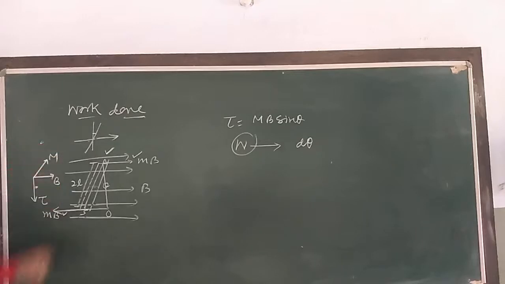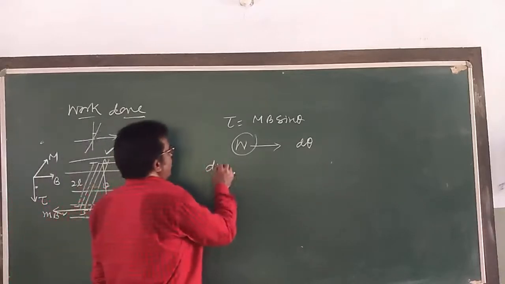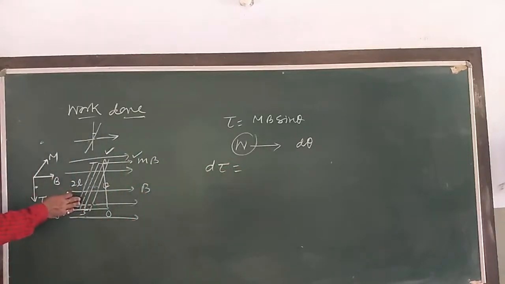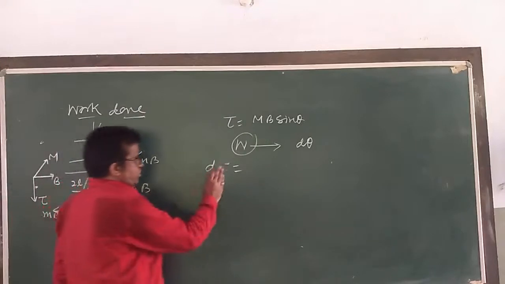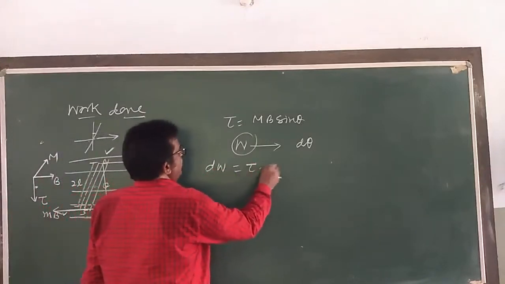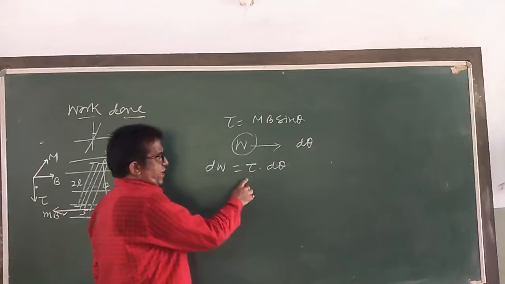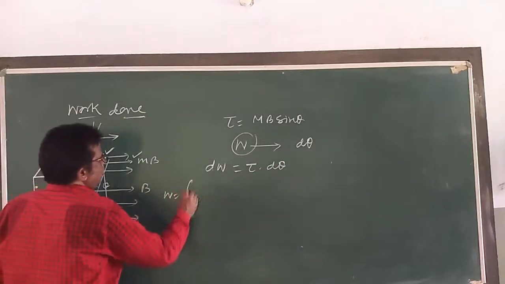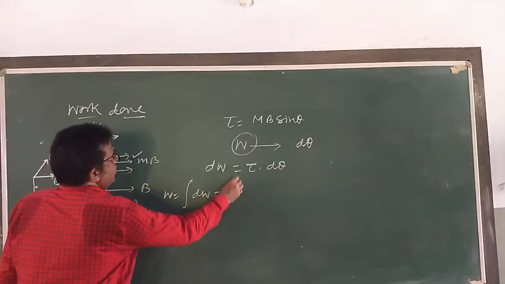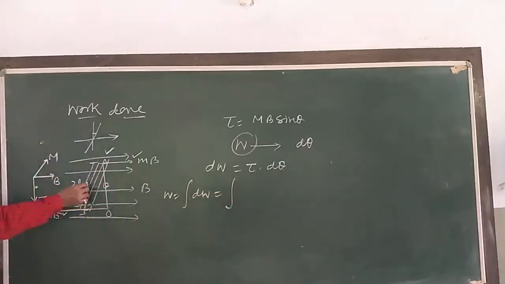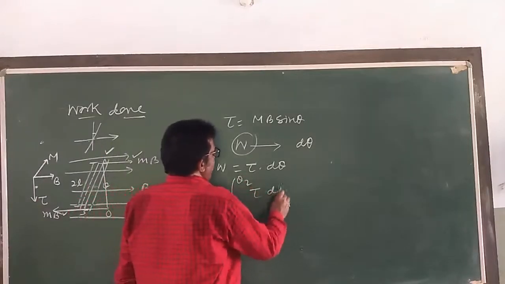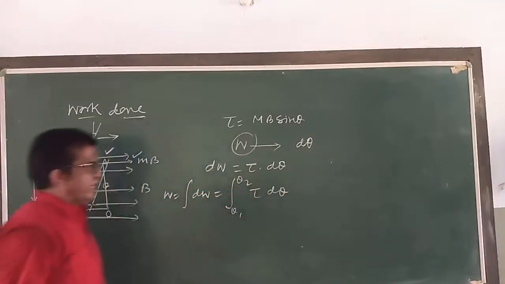So the work done would be a small amount of work dw, force into displacement, that is torque into d theta. For the total work done, you have to take integration with limits. Say initial angle is theta 1, final angle is theta 2, so you can write integral of torque d theta. This is the total work done here.